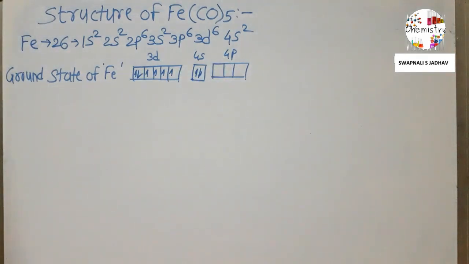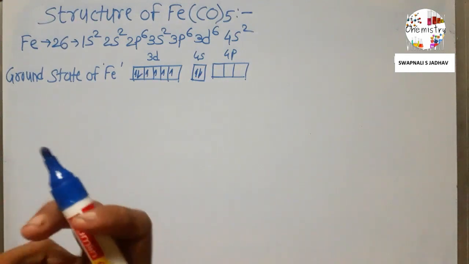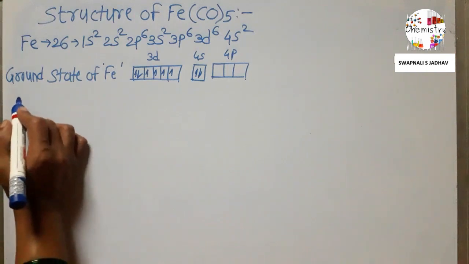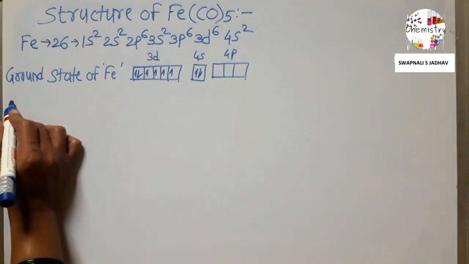So when 5 CO carbonyl groups come near to the iron, the electrons get paired.